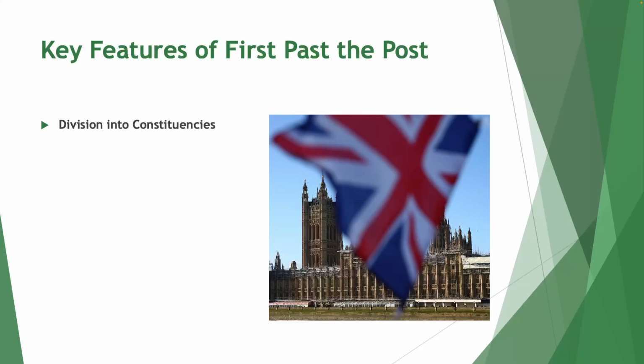Now, the way in which it works for first past the post is that in each constituency, on the day of an election, voters will cast a single vote for their preferred candidate. They do this by marking an X next to their name on the ballot paper. So you go to the polling station where you're going to cast your vote. They're set up everywhere.